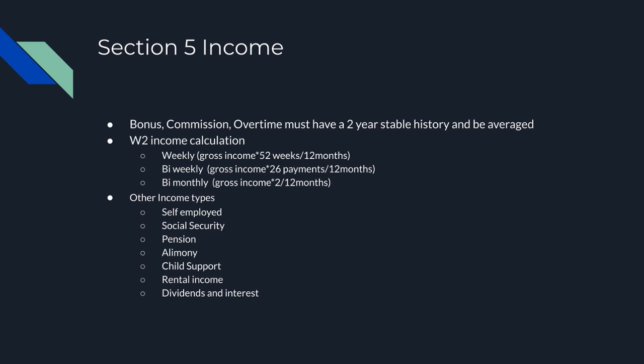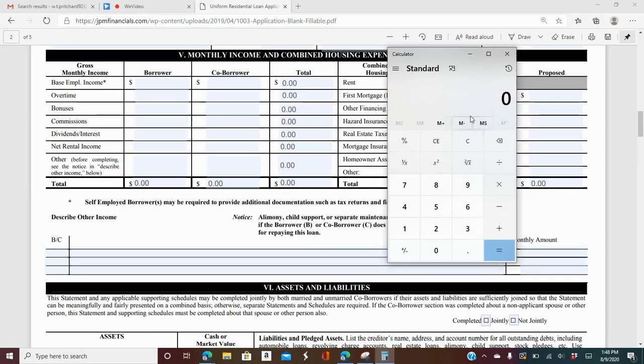So if they already qualify for the loan without the extra income, then I'm just going to do straight base. However, if I notice my DTI is 60, I'm like, ooh, this isn't good. I need to get this down to at least like 45. I need more income. So then that's when I start looking and I'm like, okay, here's some overtime.